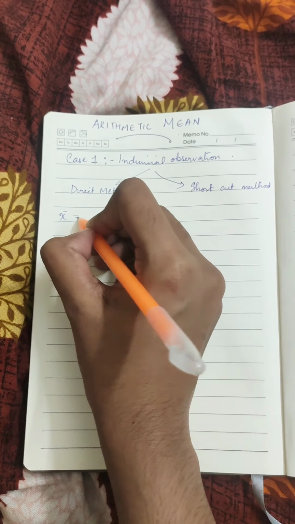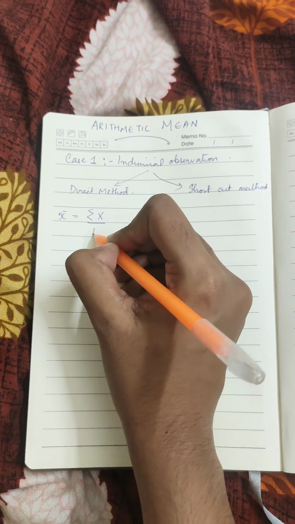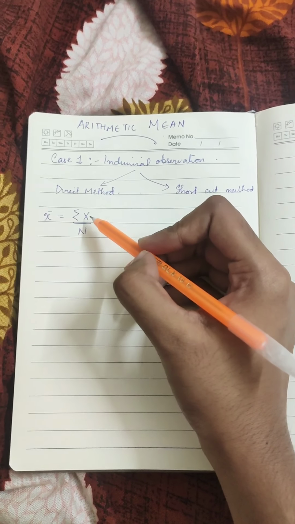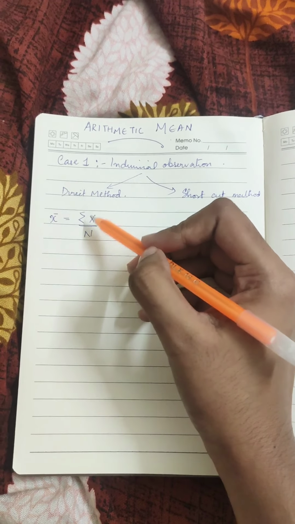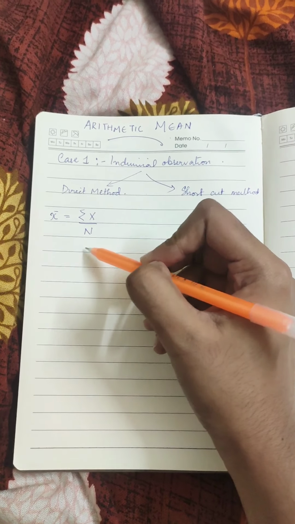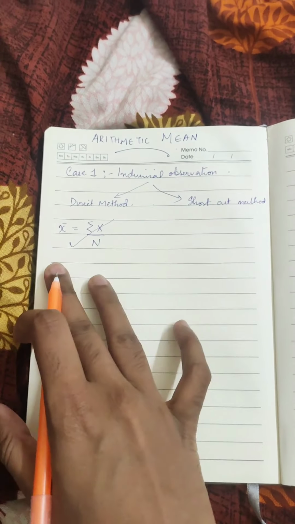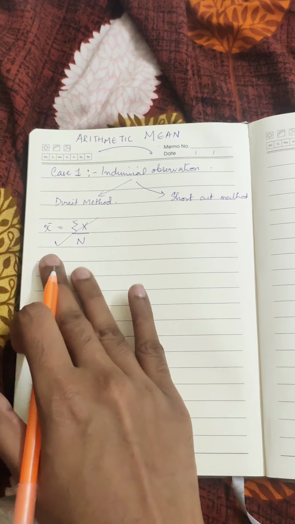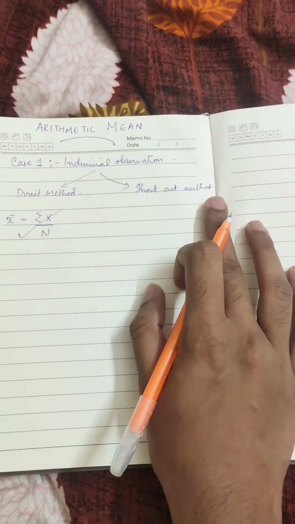X bar is equal to sigma x divided by n, where x bar represents the arithmetic mean, the x symbolizes the values of a variable, and n stands for the total number of items. And we have done 2-3 problems regarding it, and I'm sure that it is very easy and you have aced it. Now next is the shortcut method.